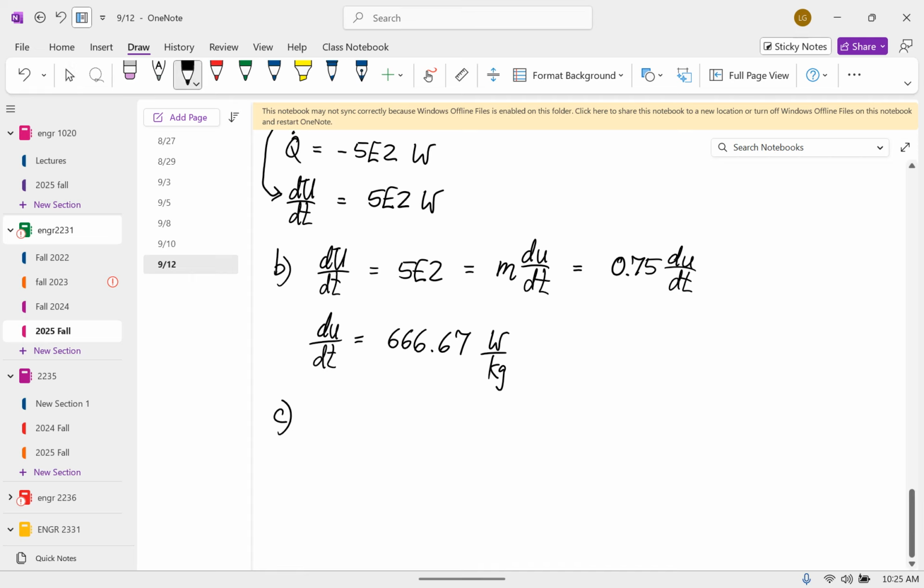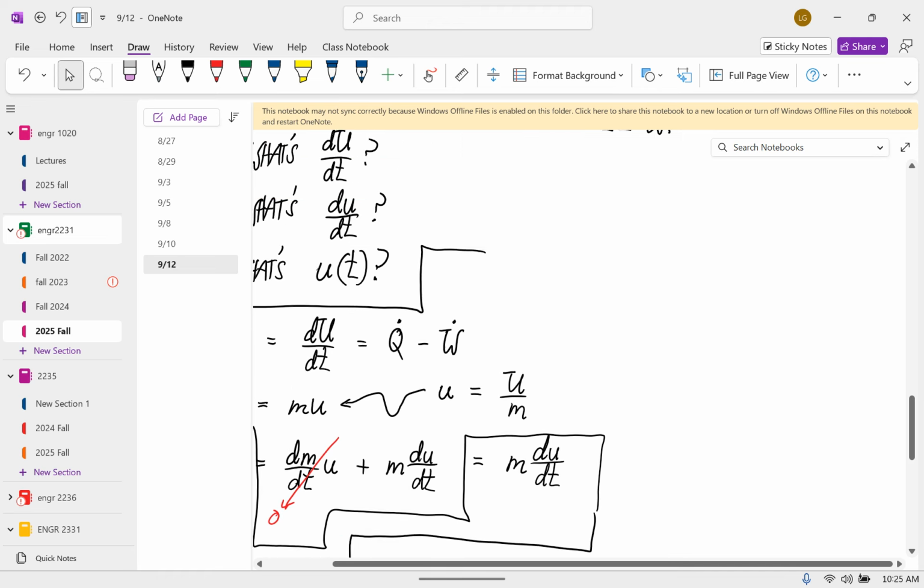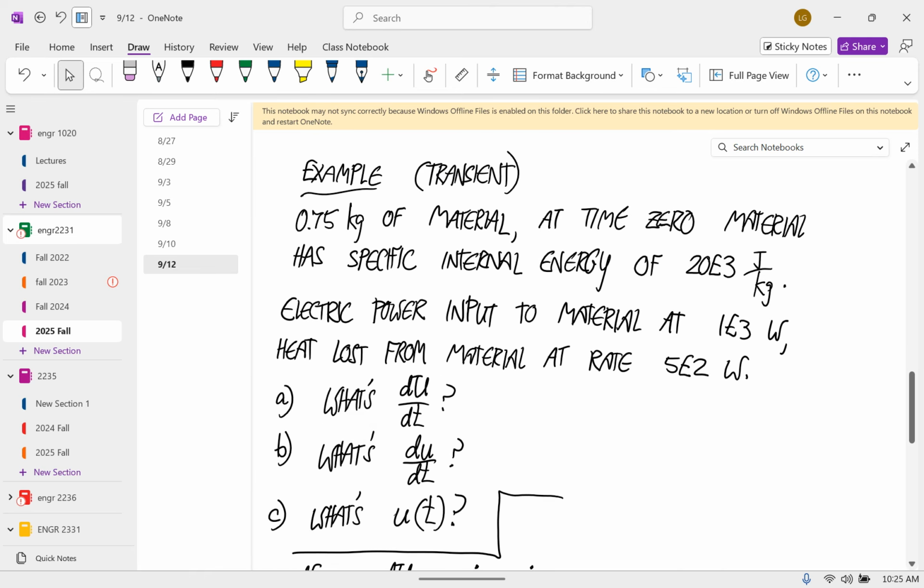And now we have this relationship. Now we're trying to find the specific internal energy as a function of time. What we have is that du/dt is equal to 666.67. And we're given the specific internal energy at time 0.